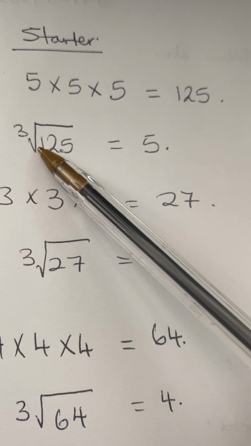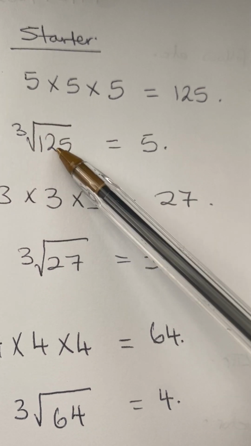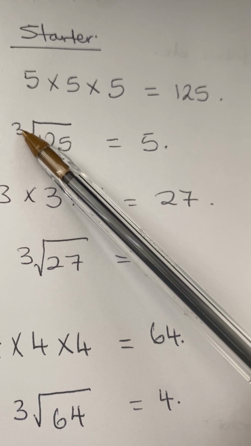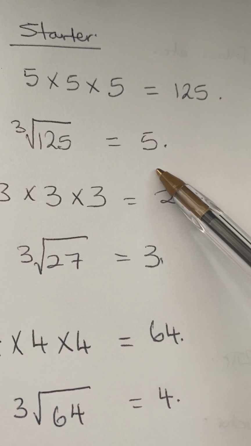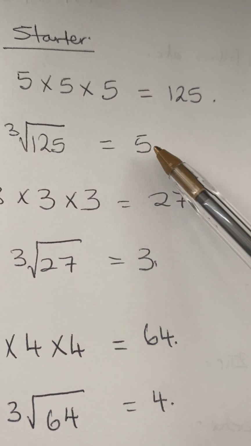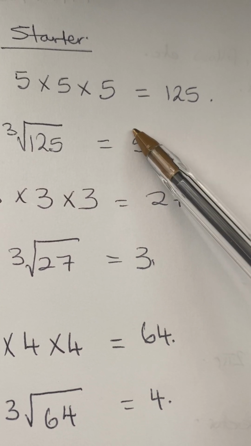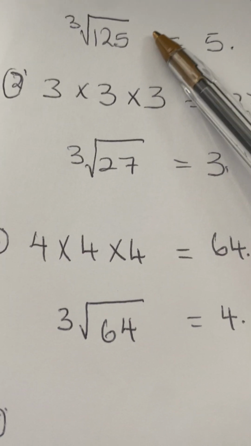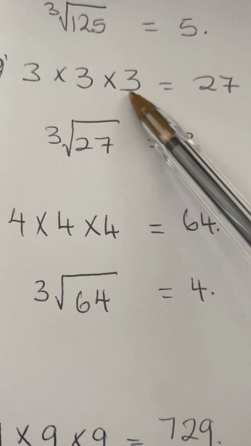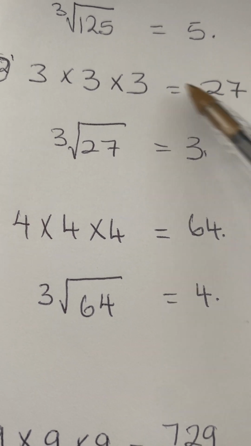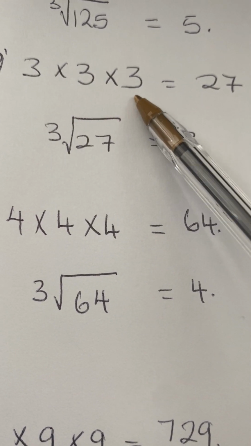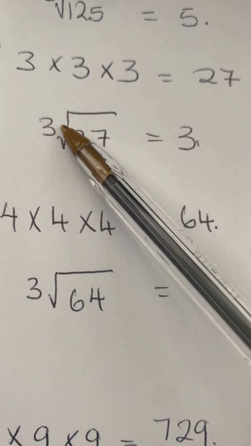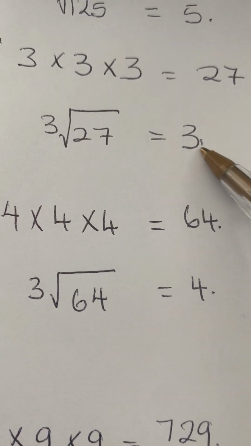So the cube root of 125, where we normally put a small 3 here, is 5. What it means is when you multiply 5 three times, you get 125. 3 times 3 times 3 is 27, so this is like 9 times 3, 27. So the cube root of 27 is 3.